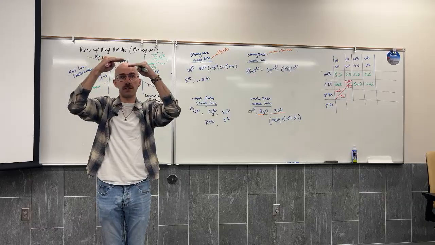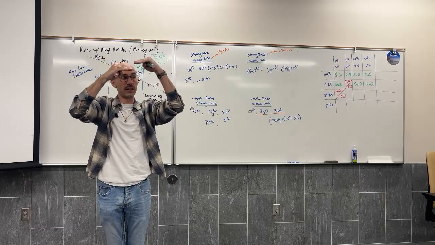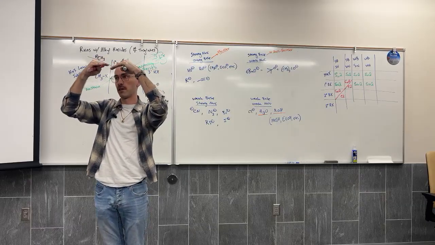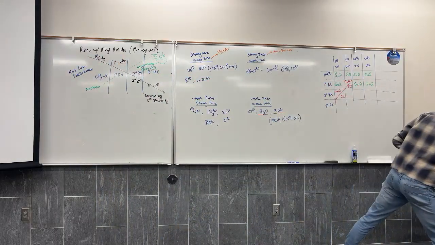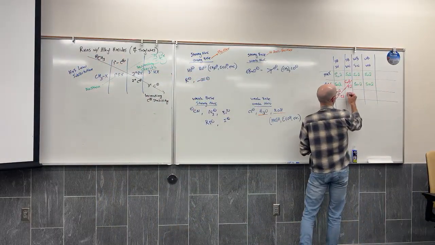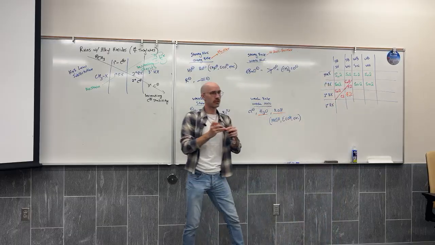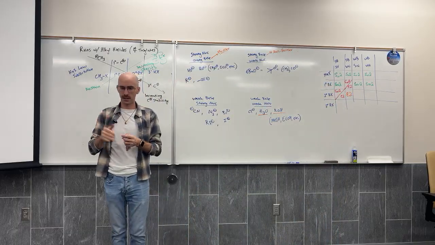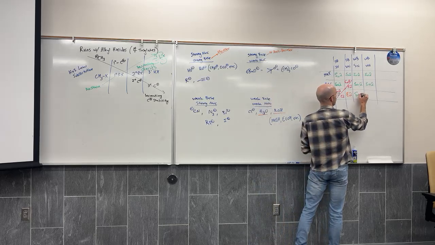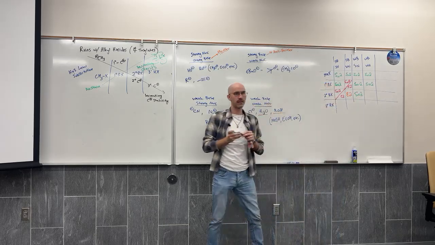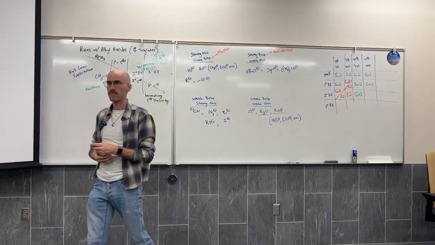The energy difference between running substitution and elimination becomes comparable here. So there's competition. Whereas now, our big bulky base would never be expected to run substitution, just elimination. Things that are bad at being bases, they're still running SN2.